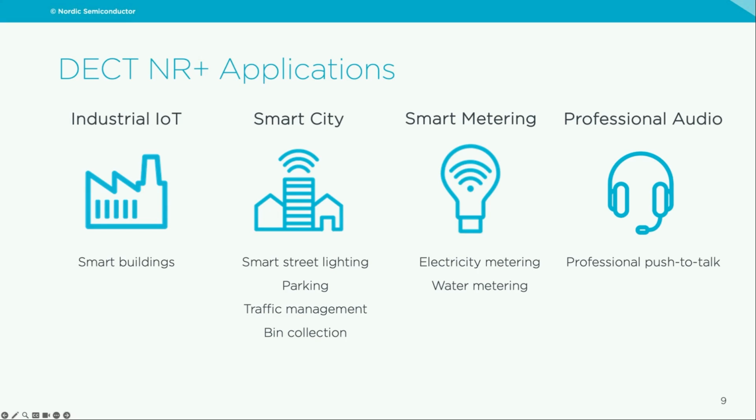And then professional audio. This comes from the classic DECT side, which was very much for audio applications. On professional audio, DECT NR+ with the new radio technologies and modulations does provide quality improvements. So professional audio is also a good application area for DECT NR+.